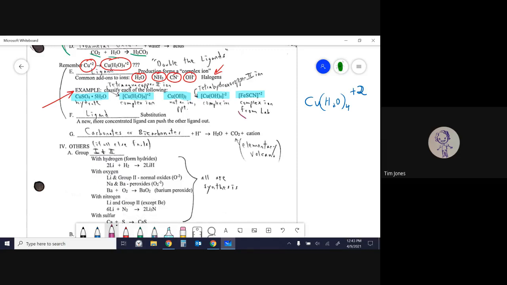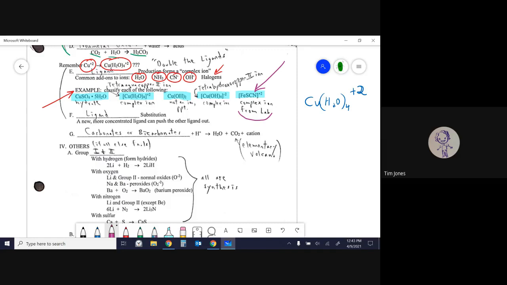You can see that I said that here, but we skipped the lab this year. It's the equilibrium lab, and you actually are doing the equilibrium of this complex ion. Hopefully we'll get to that later while we're reviewing for the AP exam.